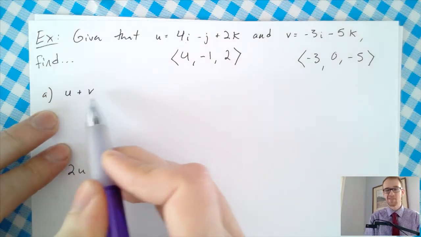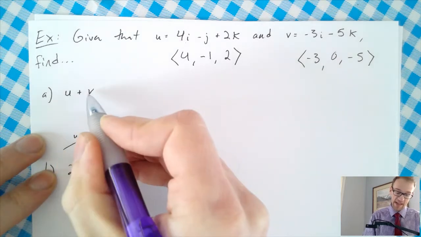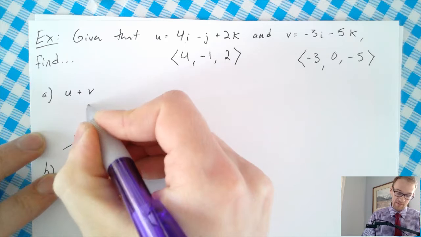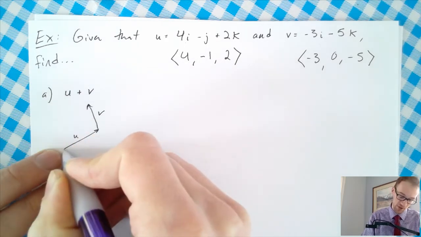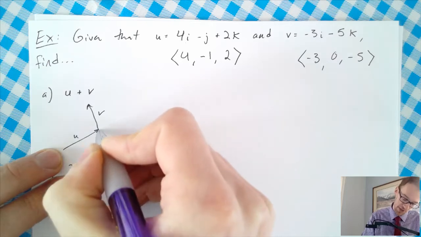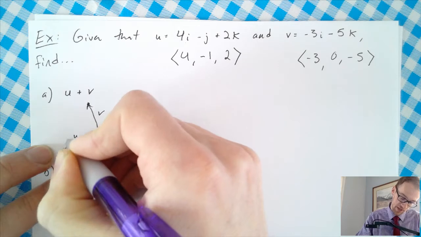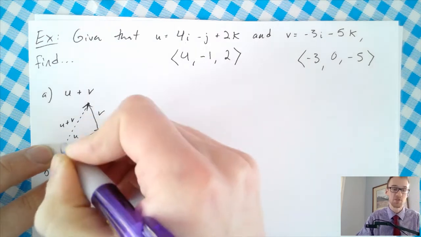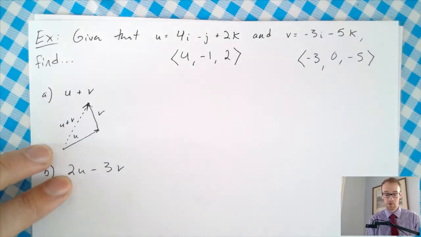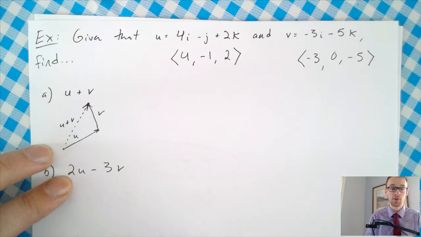Remember, what is adding vectors doing? When we take vector u and add on vector v, it's like taking vector v and placing its tail at the end of u. So I travel along vector u, and from that point I travel along vector v. Where I end up is where I would end up if I traveled along the vector u plus v in just one shot. Okay, so for u plus v, we just add the x, y, and z components of u and v.